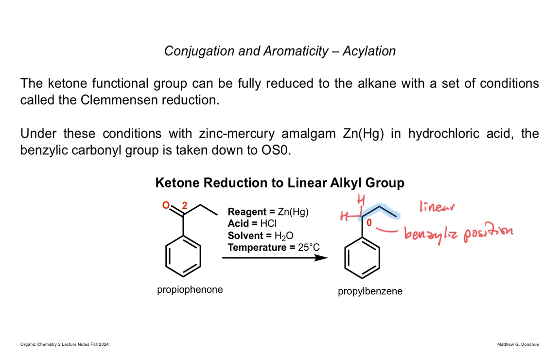We saw that ketones are meta-directors because they will pull electron density out of the ring. After we do the reduction, the alkyl group is now an ortho para director due to induction. So again, that's another strategy. Just by changing the oxidation state, we can change the directing group ability.